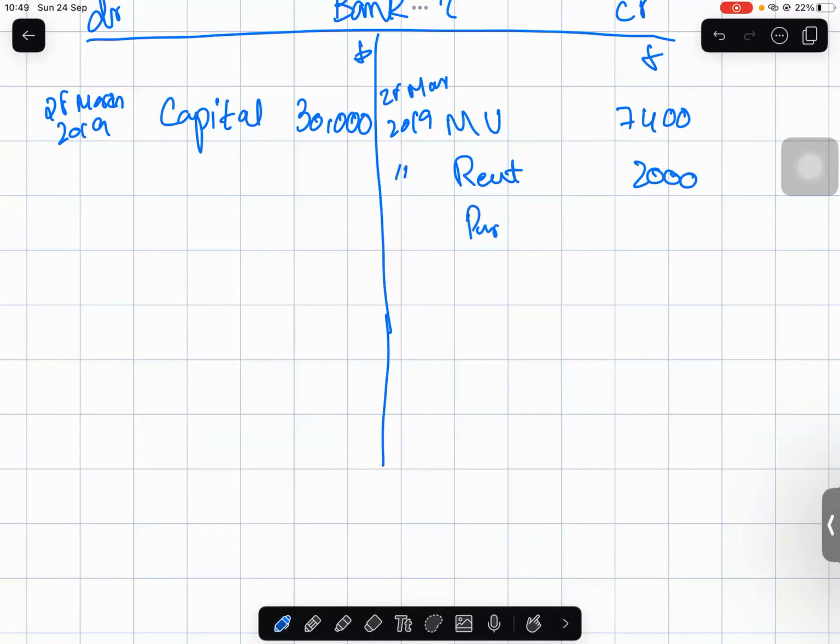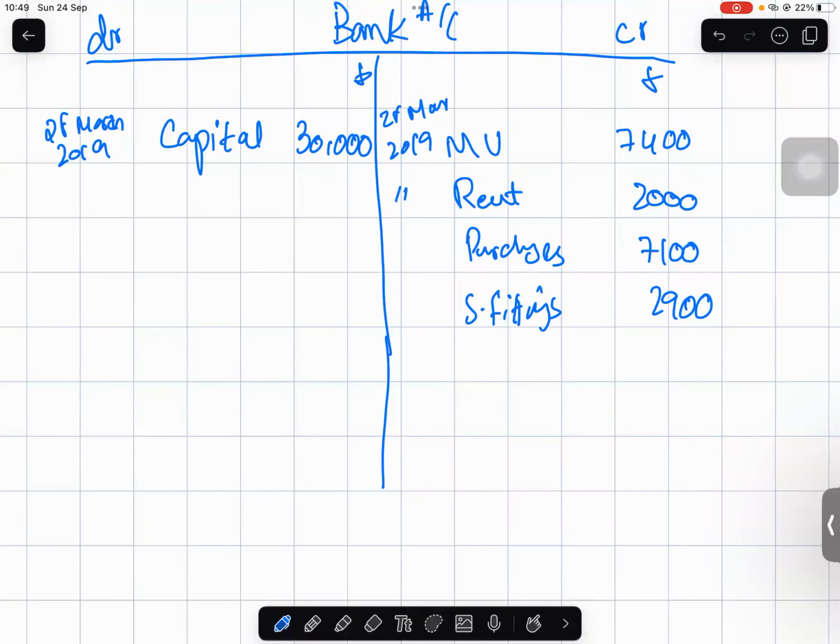He made purchases of 7,100, and then he bought shop fittings for 2,900. All these payments were made by check, obviously, which is why we wrote them in the bank account.